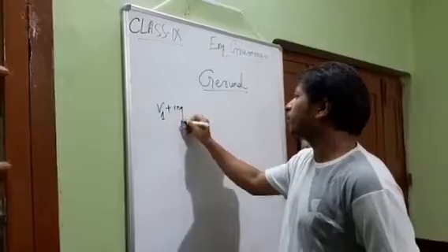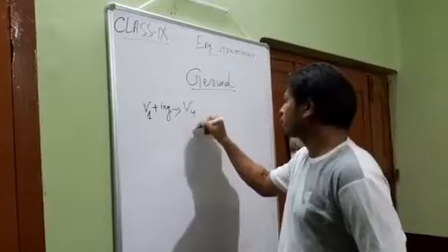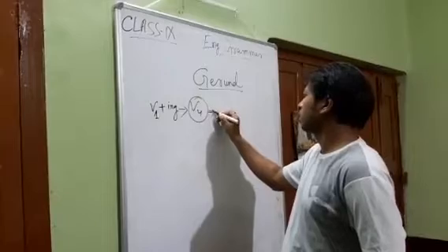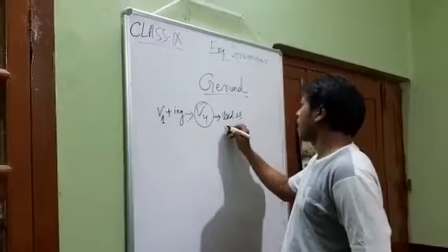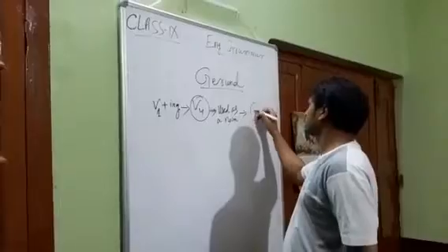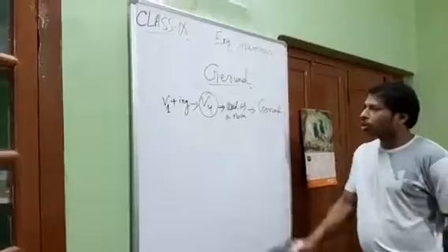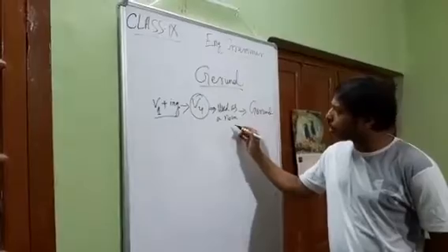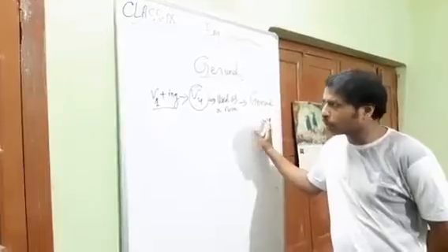When we add ing with V1, then we get V4. This V4, if used as a noun, we call it gerund. So this is the thing: V1 plus ing, if it is used as a noun, then we call it gerund.